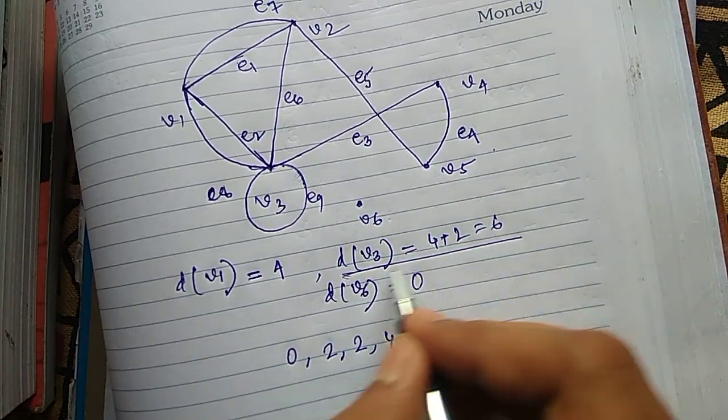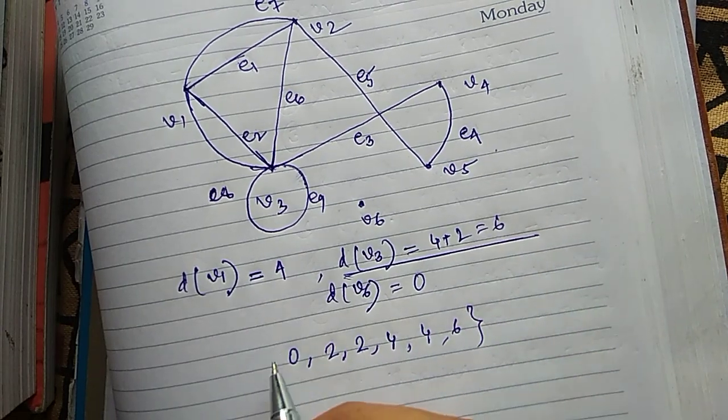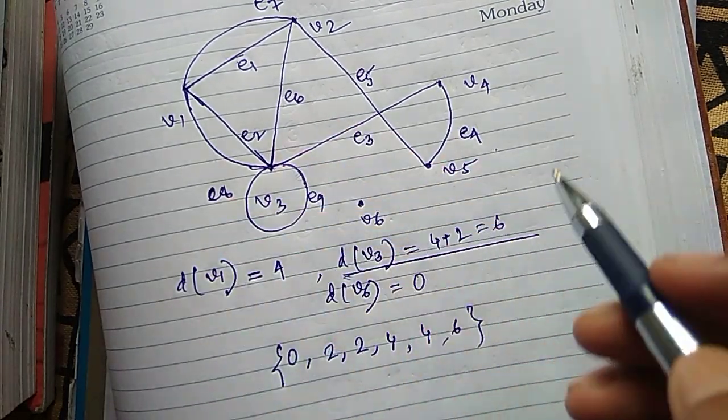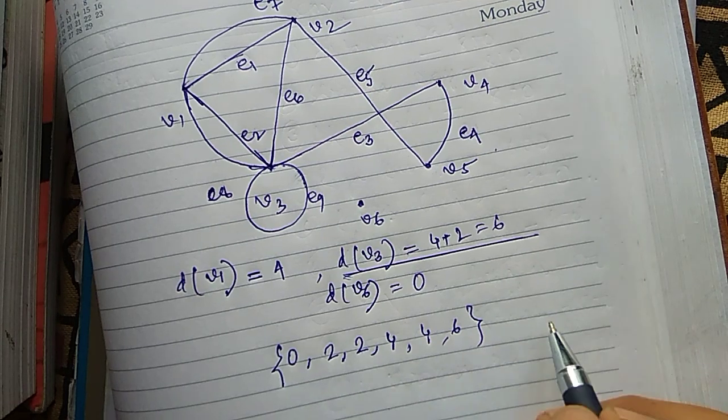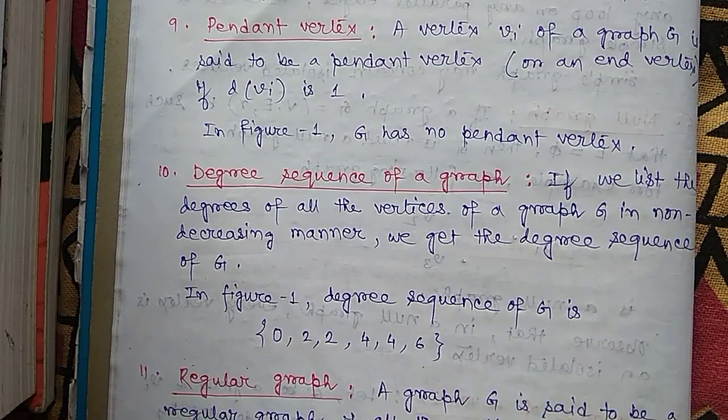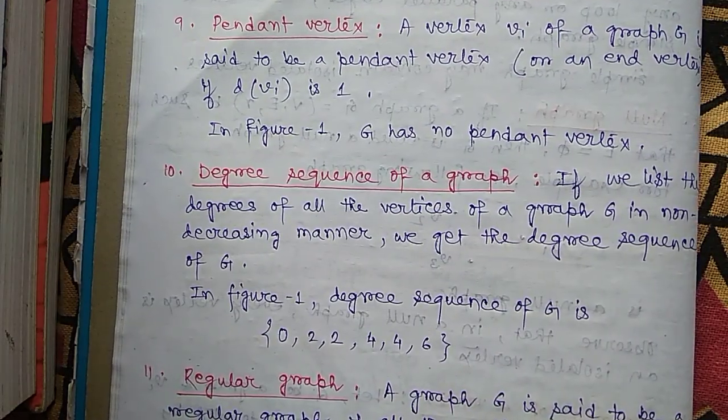Already we have calculated 6. So this is called the degree sequence of the above graph in non-decreasing order.